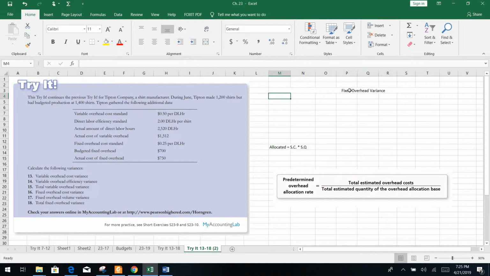I titled it fixed overhead variance, and then to the far left is the actual amount, actual overhead, and then in the middle is budgeted, and then to the far right is the allocated.